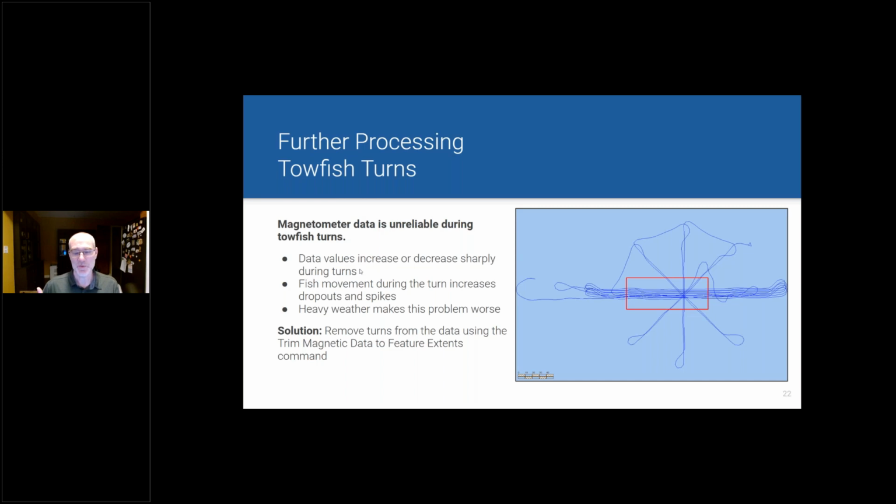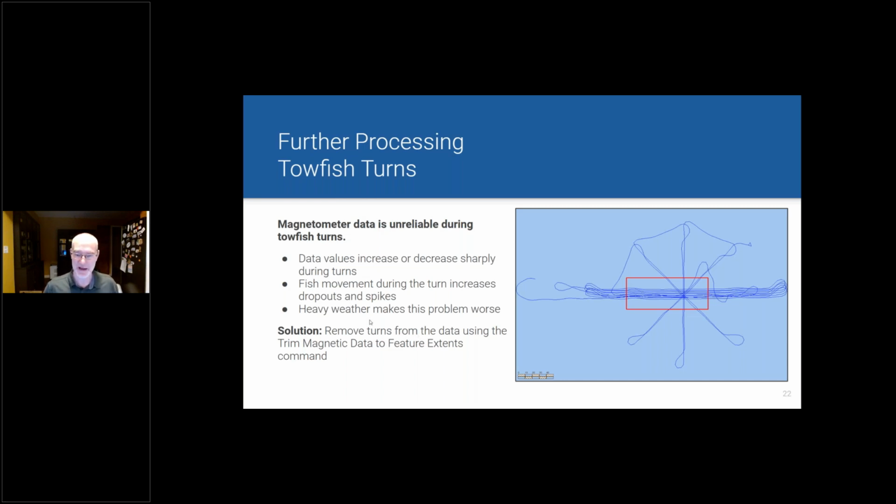If you don't, you get these sharp increases and decreases in the amplitude values as you're turning. As the turn occurs, the fish can move up and down vertically in the water column relative to the magnetic flux lines, and that causes problems with your interpretation. It also can lead to more of these dropouts and spikes that we talked about previously.